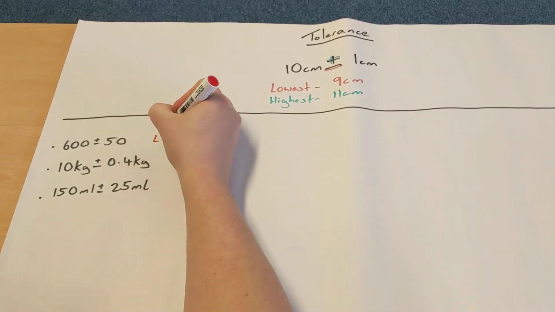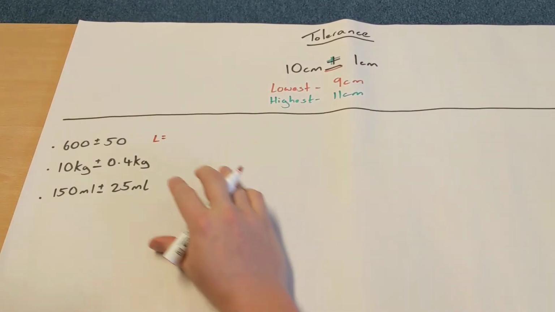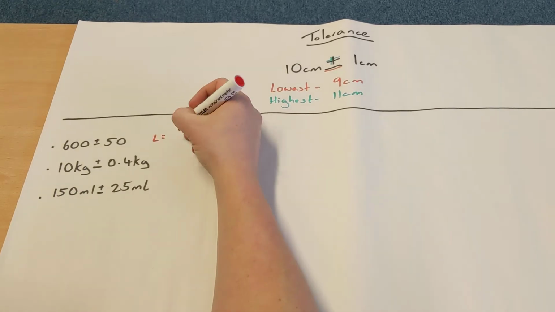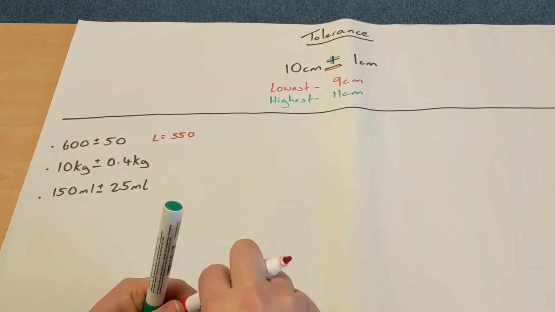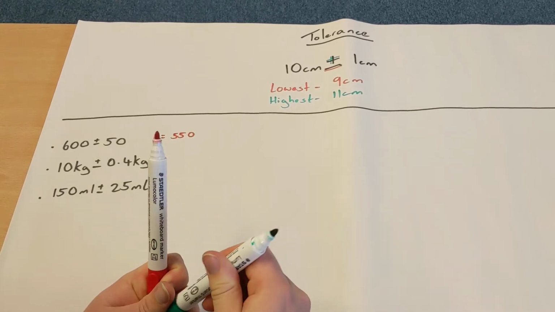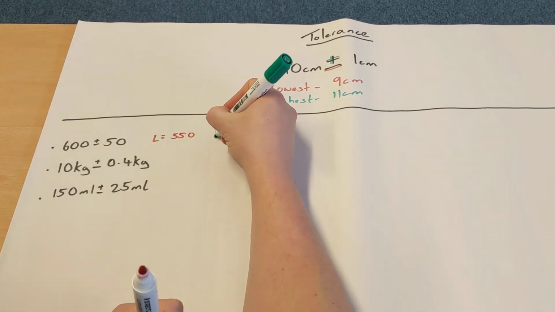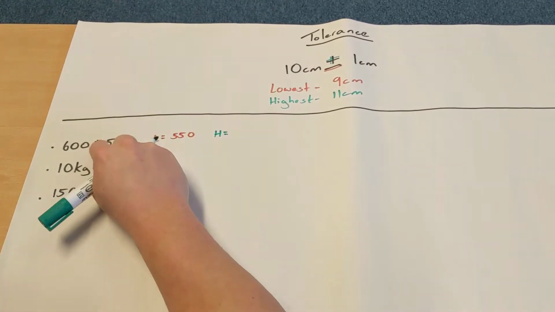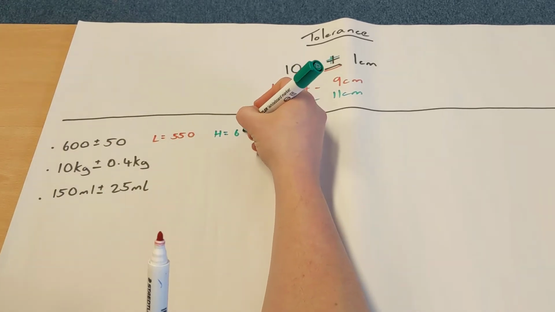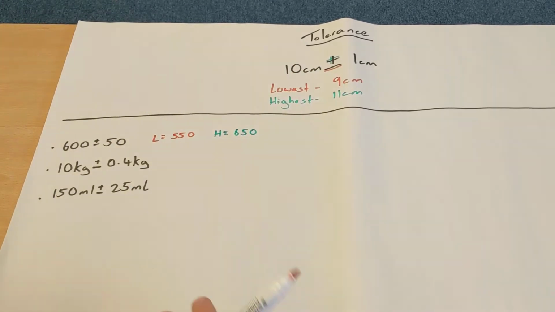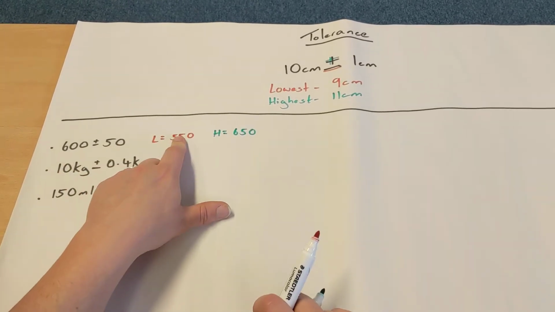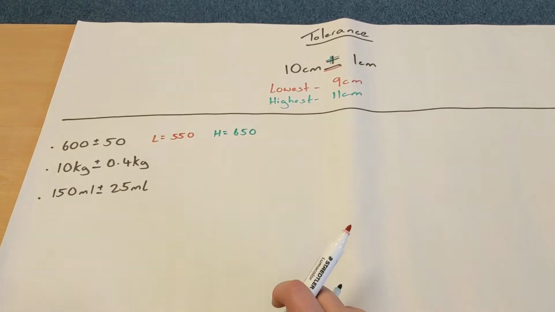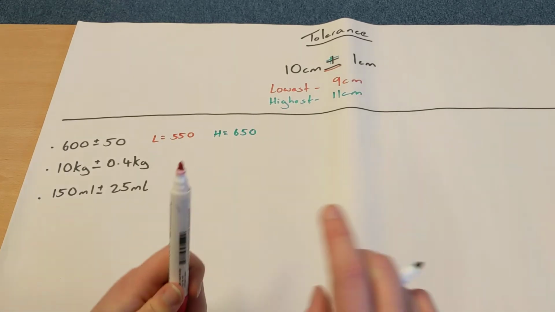So the lowest that could be, I'm just going to write L. Well, the lowest would be 600 minus 50. So that's 550. And the highest, and I'm just going to write an H, the highest would be 600 plus 50, so 650. So in this situation, what this means is anything between 550 and 650 is fine.